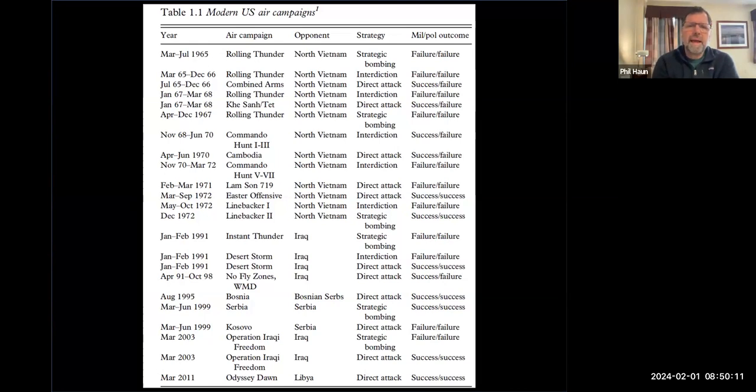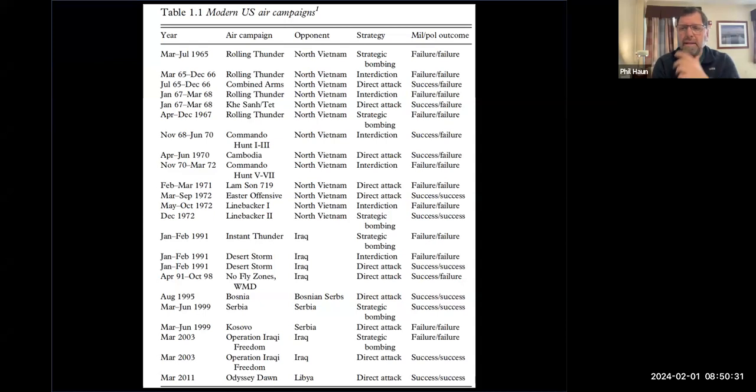And an air campaign has a strategy, whether it be strategic bombing, air interdiction, or what I call a direct attack strategy. And so we see that not the majority, but still the plurality of air campaigns occurred during the Vietnam War.